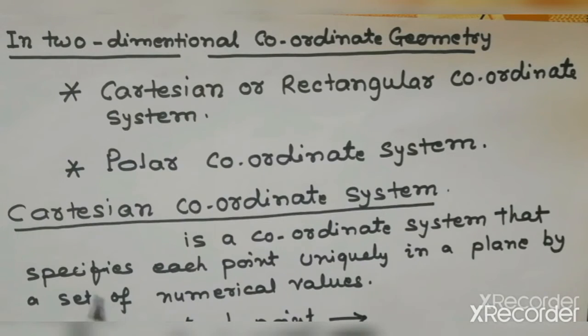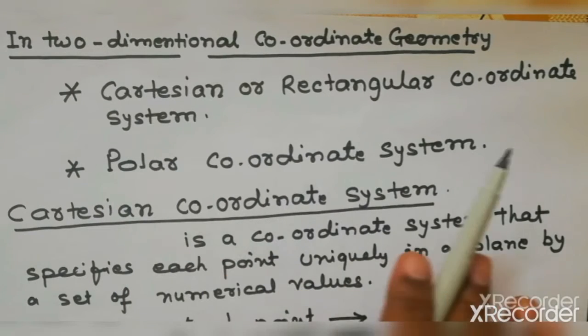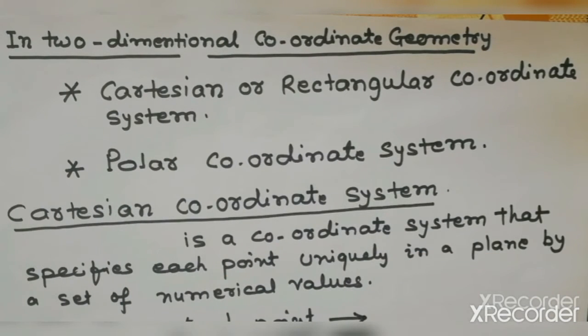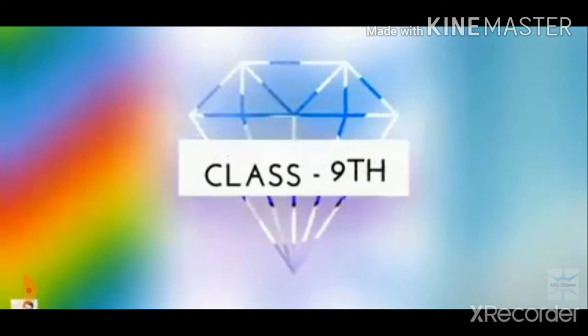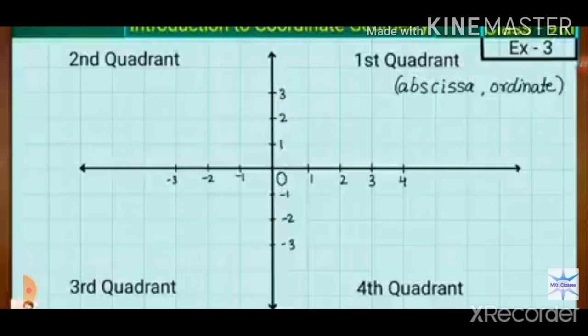In higher classes we will study the polar coordinate system. So let's understand the Cartesian or rectangular coordinate system. In class 9, we are seeing coordinate geometry.